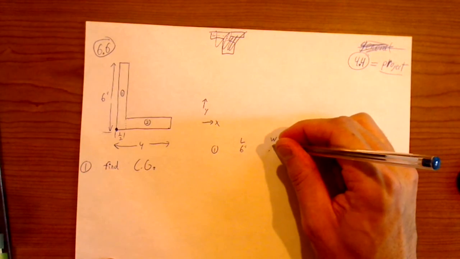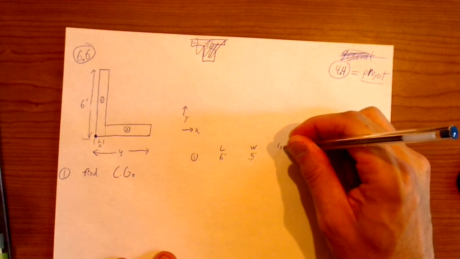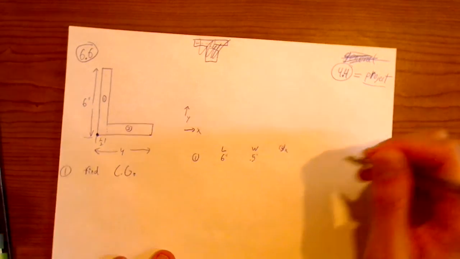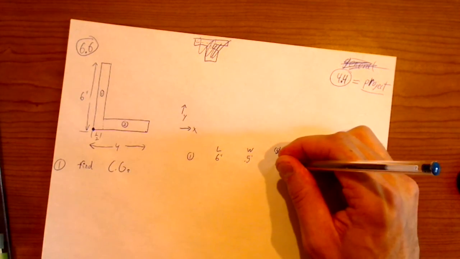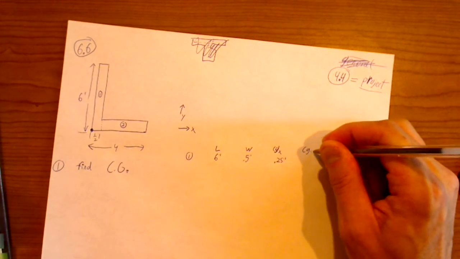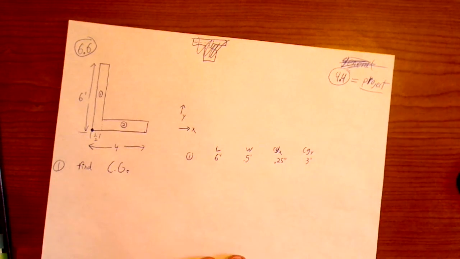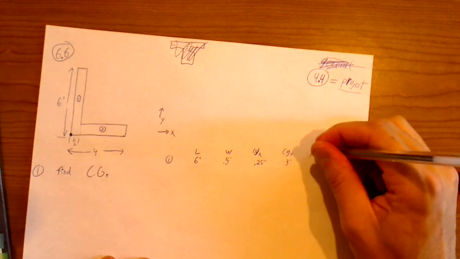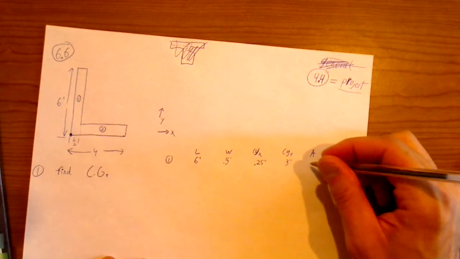Width is 1/2 inch. CG, center of gravity, in the x, it's going to be right in the middle here, so that's going to be 0.25 inches. Center of gravity in the y, 3 inches. And our area, which will be 3 square inches.